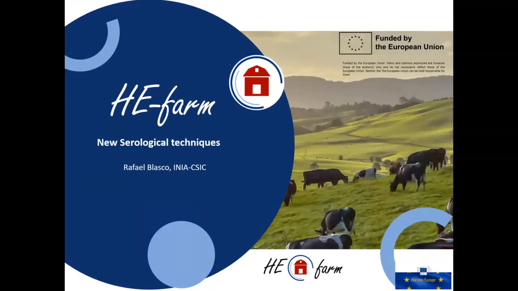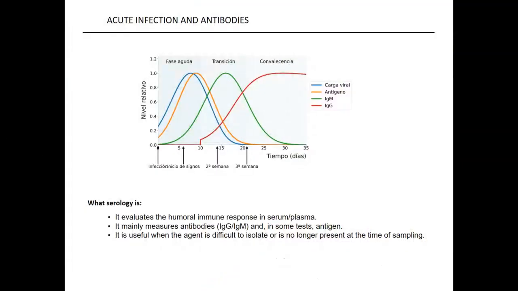All right. So I'm going to tell you briefly about what we've been doing in the HeFarm project regarding the development of new serological techniques that are envisioned to help to characterize the situation in the farms.